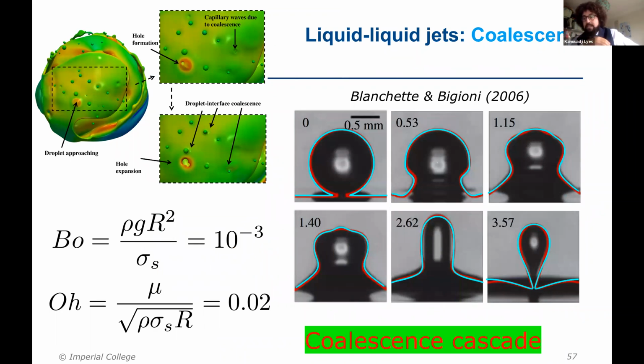That's why we expanded it to the soluble case. But there is always comparison. Here you see the superposition of our interface and the experiment, and the red is the numerical result of Blanchette. We always validate our code and always compare with as much experiment as we can.